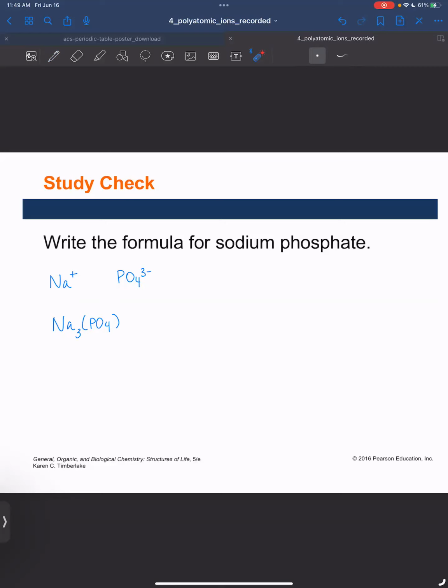If you put a 1 out here, you only have 1 polyatomic ion, so it's not necessary to have parentheses. This is where you would need to erase the parentheses. So you could end up, I'll just rewrite it again to bring it a little closer, with Na3PO4. So the only time you need parentheses for polyatomic ions is when you have more than 1.